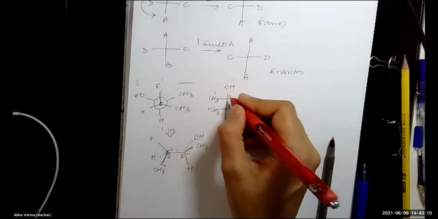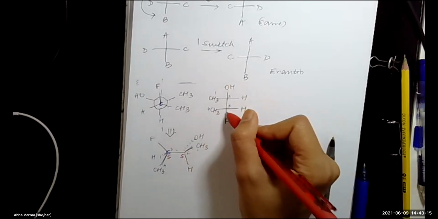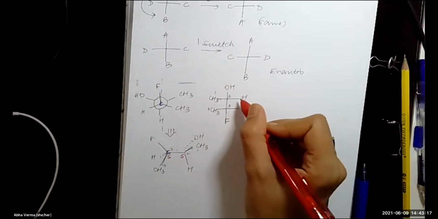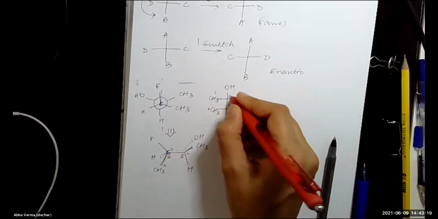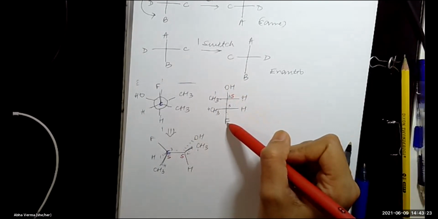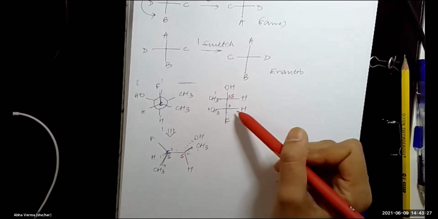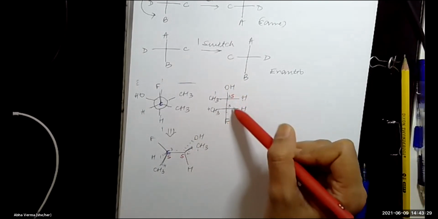And so I can do my 1, 2, 3, 4. So this is my S. And here 1, 2, 3, and 4. 1, 2, 3, 4 R.